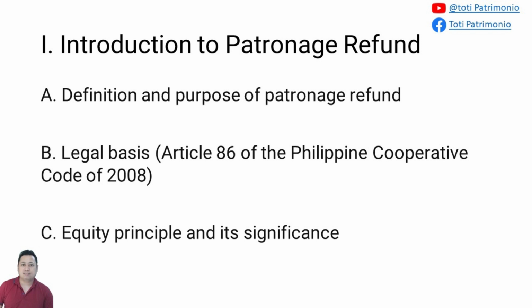So there will be allocation beyond the interest and patronage refund. This serves as a buffer for future needs of the cooperative. In summary, Article 86 provides the legal framework for fair distribution of surplus funds within cooperatives, emphasizing transparency, member participation, and financial sustainability.